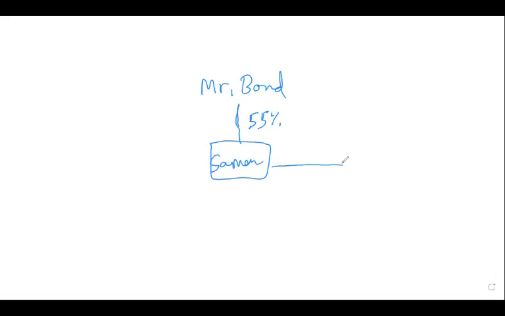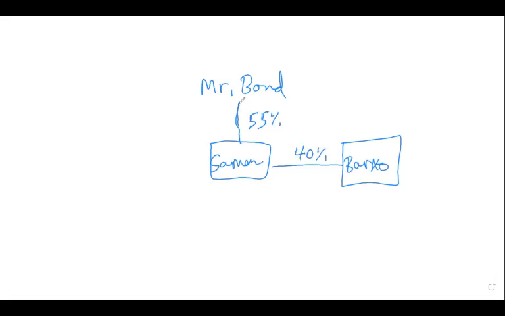So we've got our person here. We'll call this Mr. Bond. Mr. Bond is going to own a portion of a company here. So it's 55%, and this company is called Cernan. Then Cernan owns 40% of a company called Barkso.